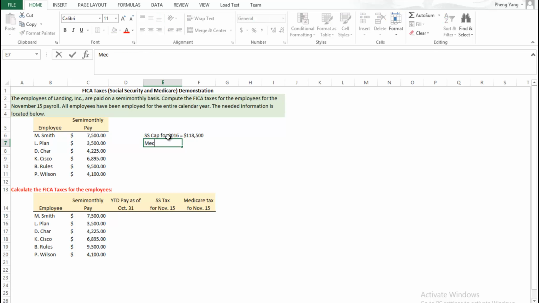There you go. And then for Medicare, no cap besides the additional Medicare tax enforced on individuals who make 200 grand or over, 250 if married.